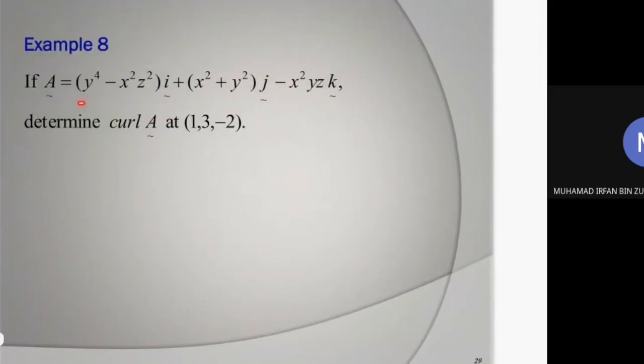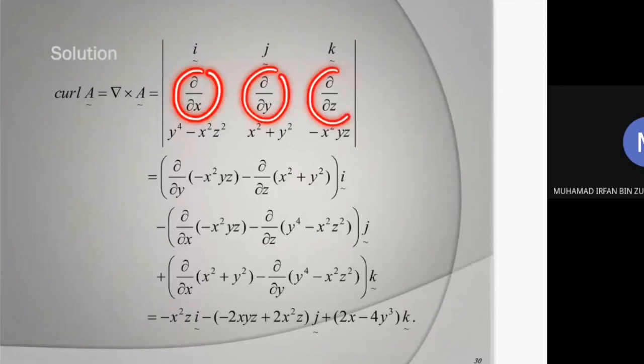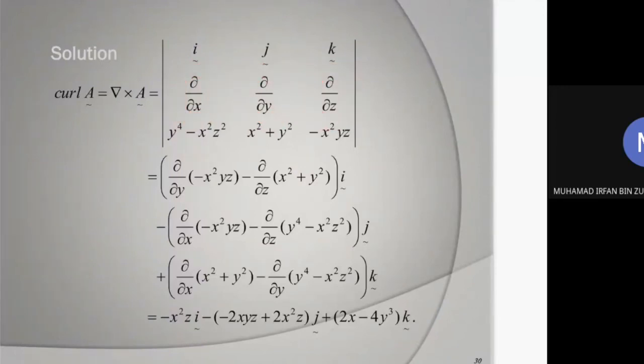Given this A, determine curl A at (1, 3, -2). So you just write like this: i, j, k. This is the gradient, del x, del y, and del z, and this is your A_x, A_y, and A_z. Calculate it using the cross product.